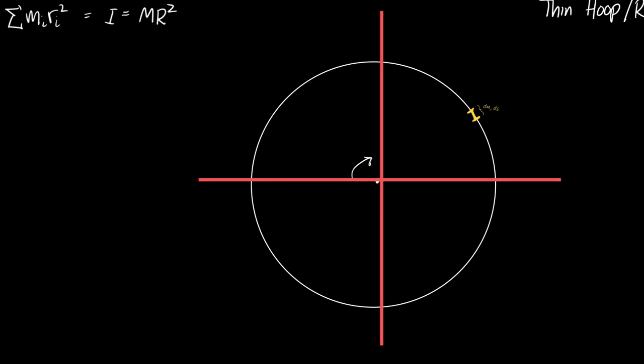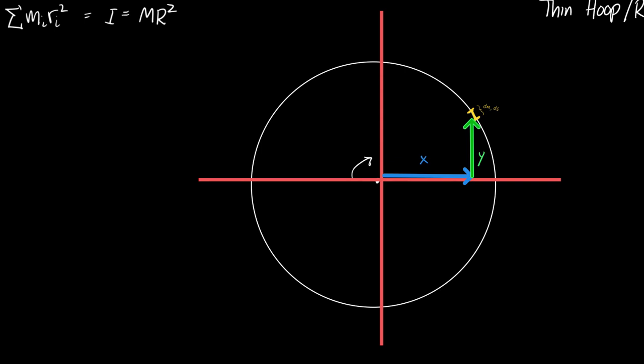Identify where that piece is using Cartesian coordinates. The piece is located a distance x in this direction and a distance y in this direction. Be careful before you write that down. This is a way to do so.